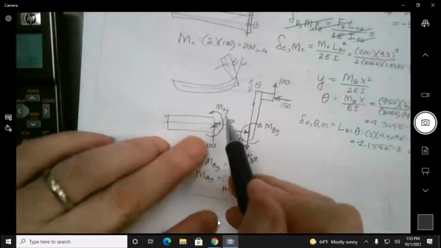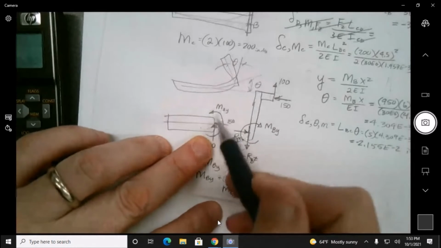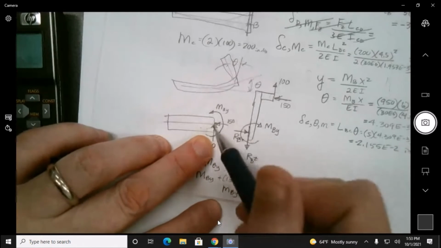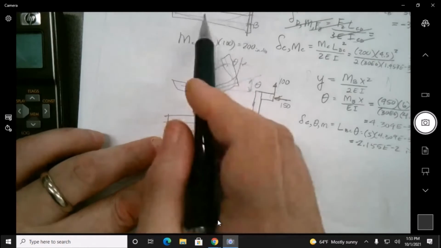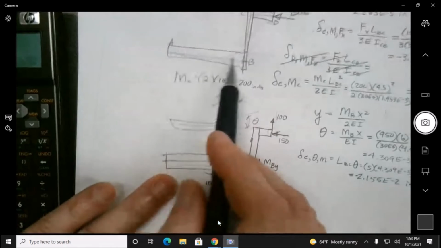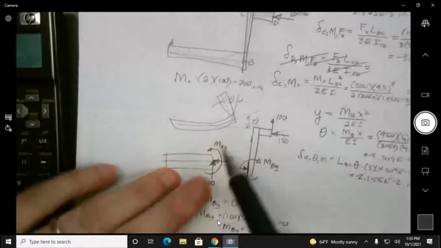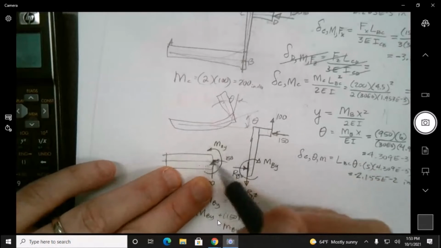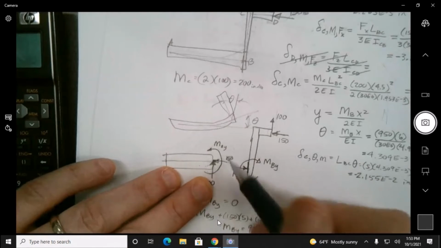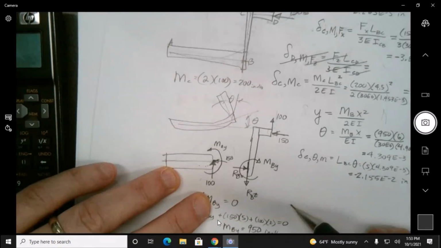I hate to go back to it, but this is really the concept that I'm operating on. I'm thinking about what is happening at the end of this beam, at the end of this section right there. Because of the loading over here, locally it sees a moment and a force.